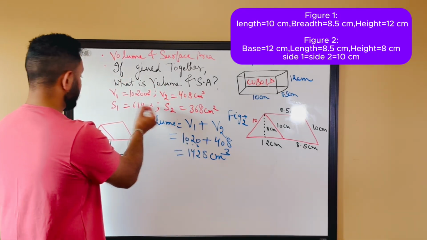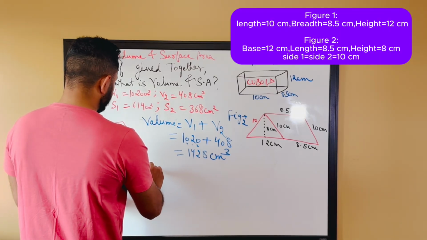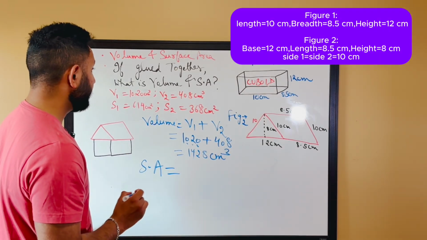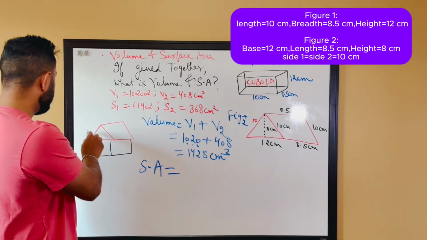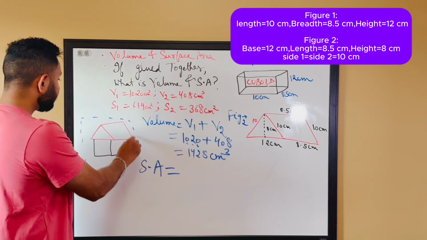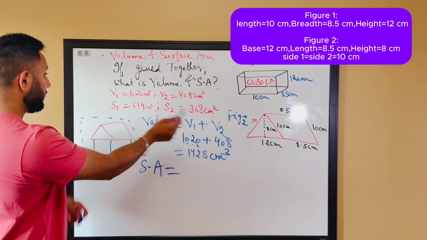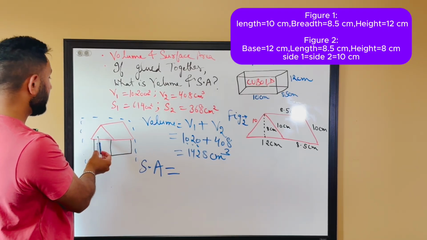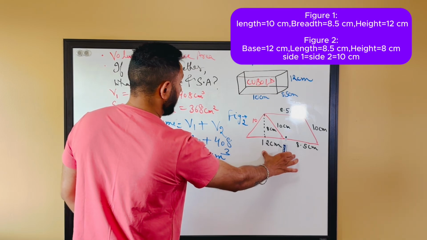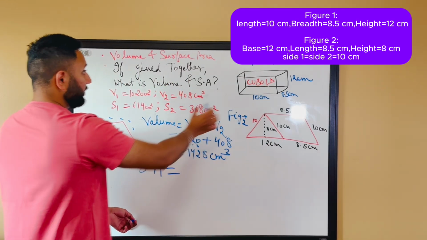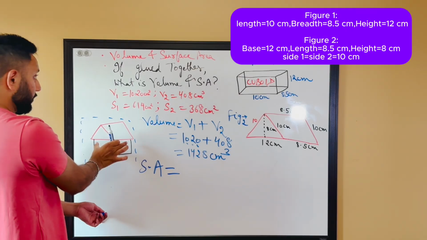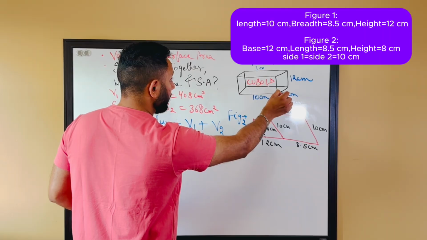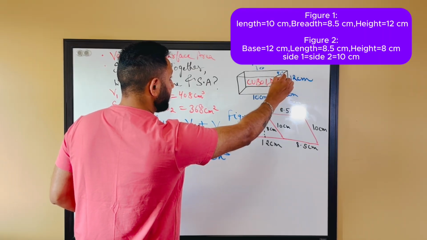And for the surface area, how are we gonna find it out? Let's look at this figure. If we glued the triangular prism and the cuboid together, this is the common surface, the base of the triangular prism and the top of the cuboid. The top of the cuboid is 10 centimeter here, and the width is 8.5 centimeter here.